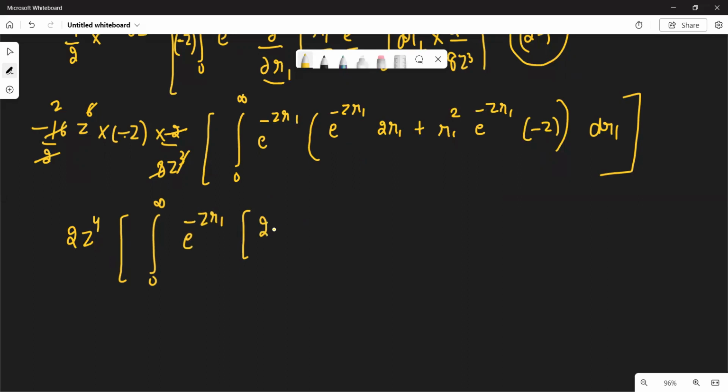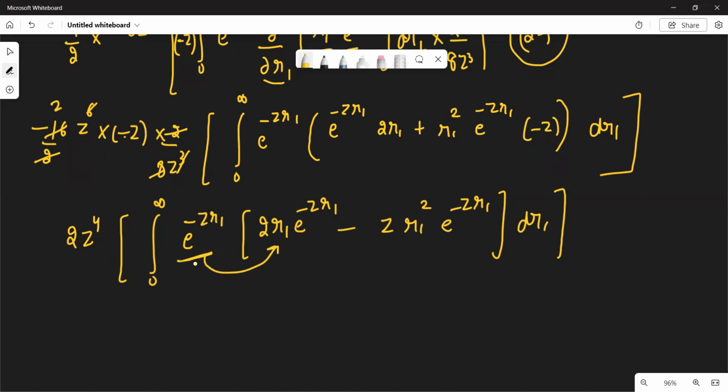We have 2 r1 e raised to power minus z r1 minus z r1 square e raised to power minus z r1. So students, now we will multiply the exponential with both the terms inside the bracket.